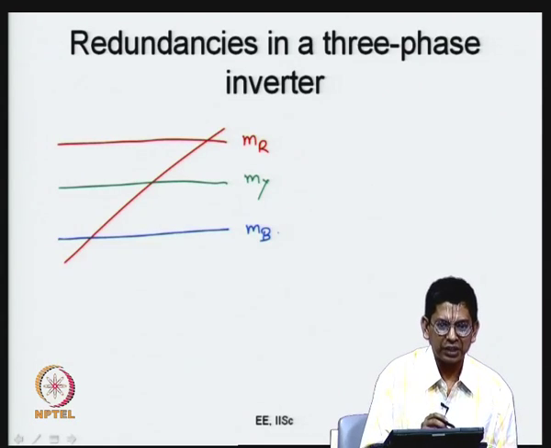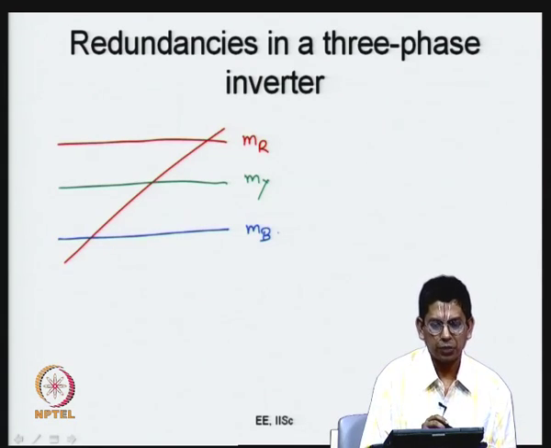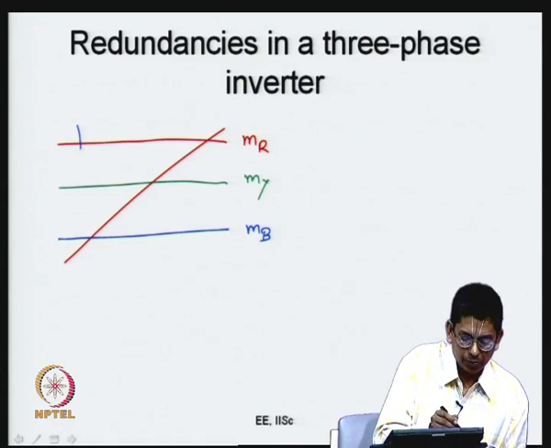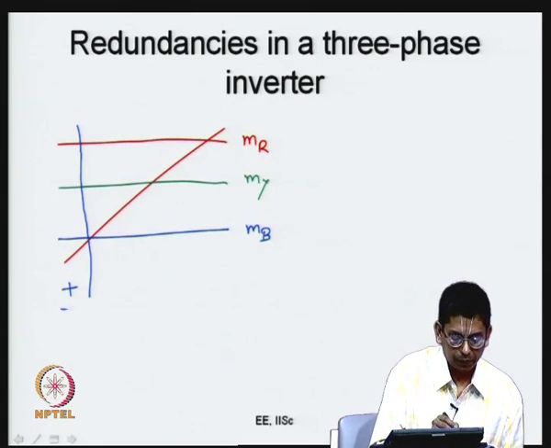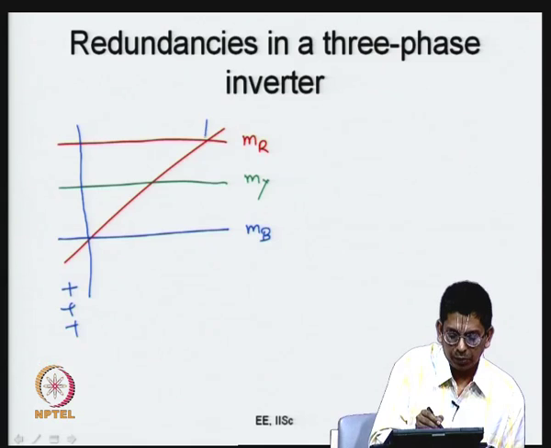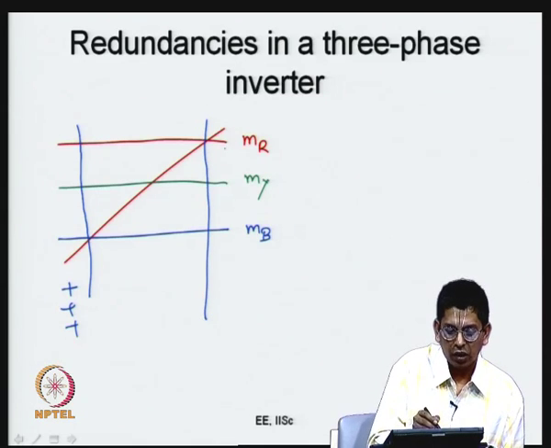So, what we mean by this redundancy is the load can be shorted either by all the top devices being on or all the bottom devices being on. Here itself, as we had observed the other day and repeating today, you have the situation where all the 3 top devices are on, and you have the extreme situation at the last interval where all the 3 bottom devices are on.